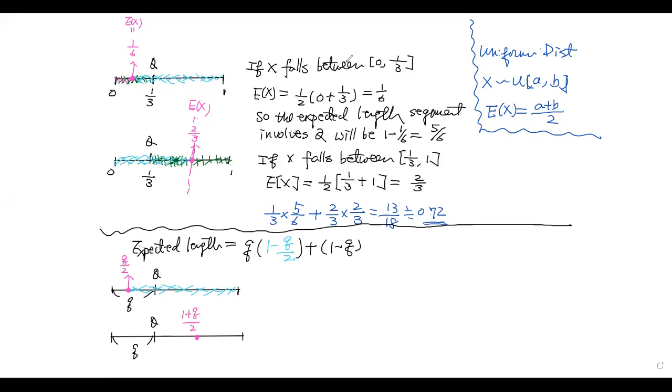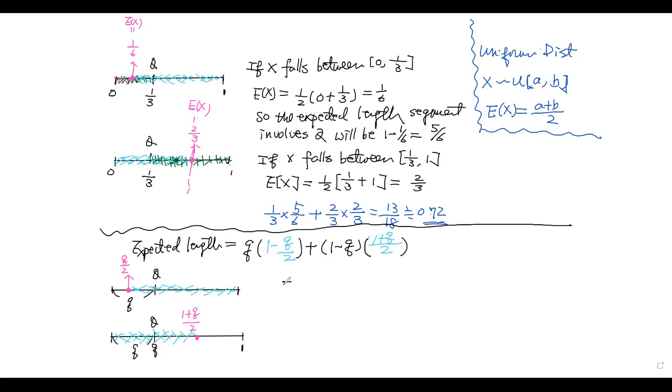Because this is the 1 and this is the q, so it's 1/2 plus q. And now, because I'm on this segment, my expected length for this situation is just here. So it equals 1 plus q over 2. So you multiply times 1 plus q over 2 here, right? So that is the overall.